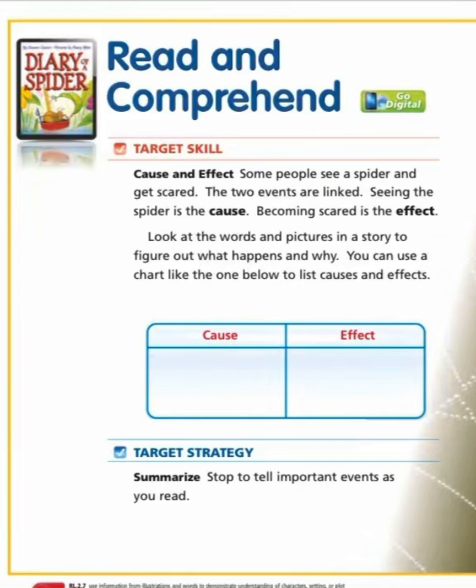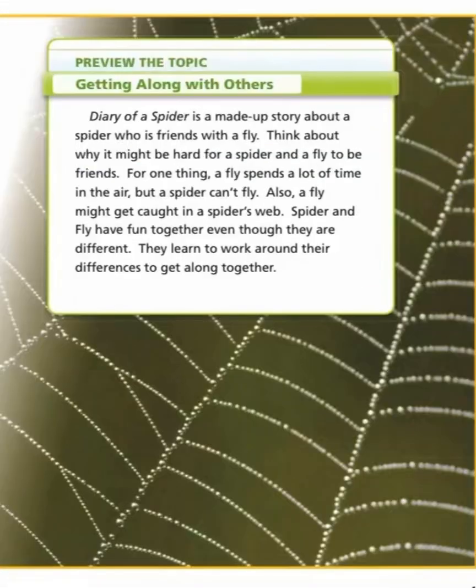Summarize. Stop to tell important events as you read. Preview the topic. Getting along with others. Diary of a Spider is a made-up story about a spider who is friends with a fly. Think about why it might be hard for a spider and a fly to be friends.